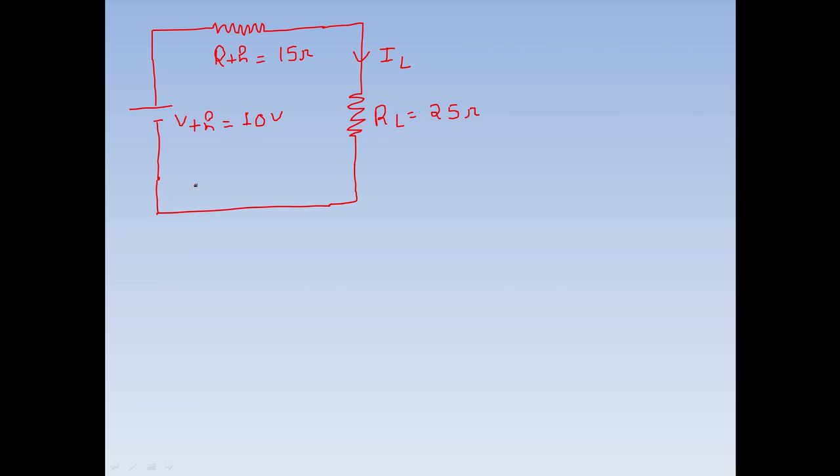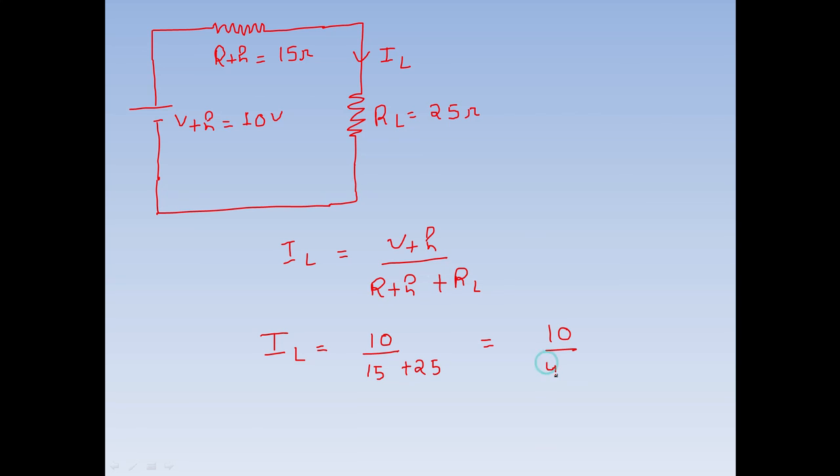Now IL is determined by IL is equal to V by R, so VTH upon RTH plus RL. If we solve it, IL is equal to VTH, given by 10, upon RTH, given by 15, plus RL, given by 25. That is 10 upon 40, and if we cancel it, 1 by 4.